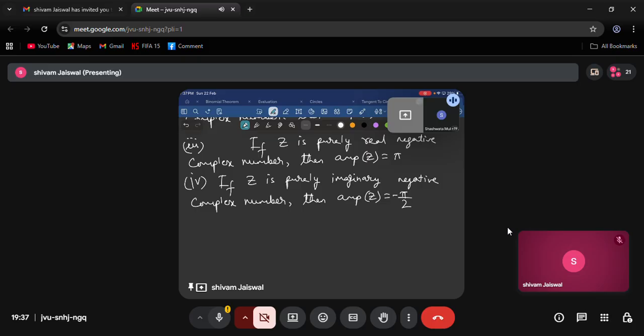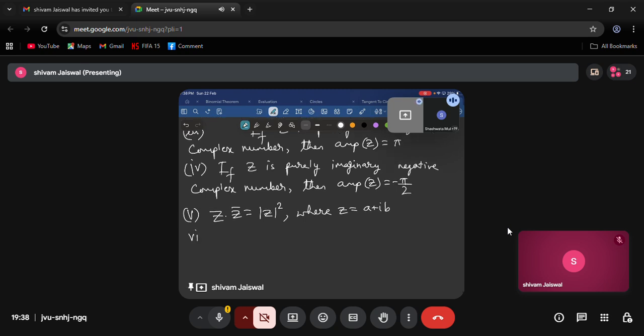So there was something. Yes. You people know part 5. Z dot Z bar is equal to mod Z square, where Z is equal to A plus iota B. Next, part 6.